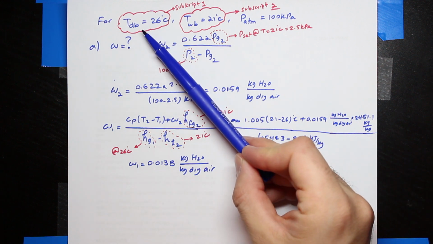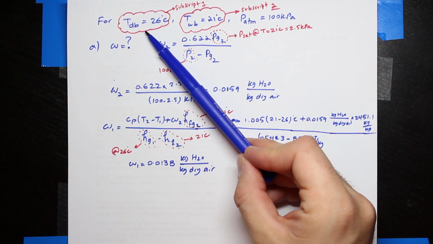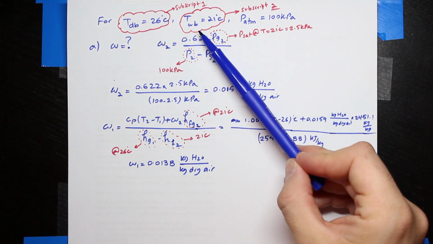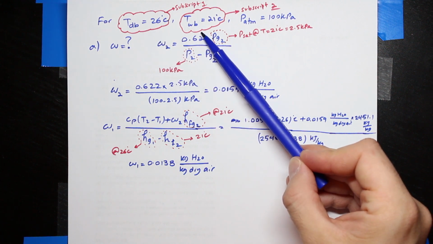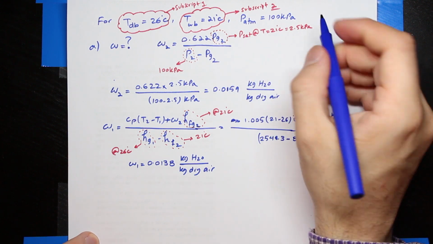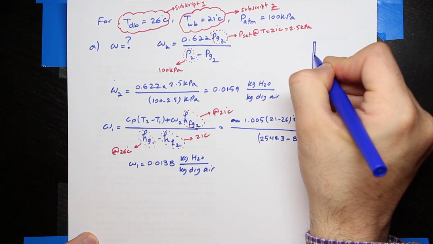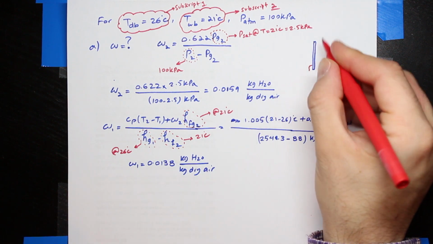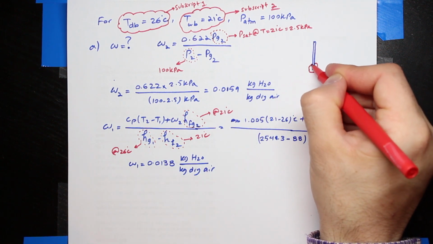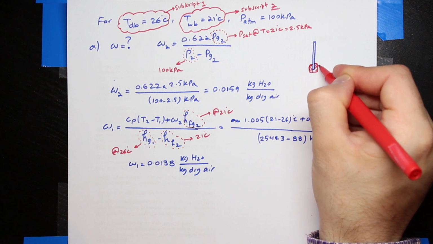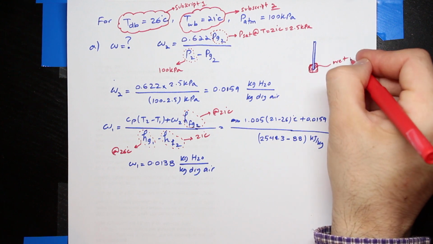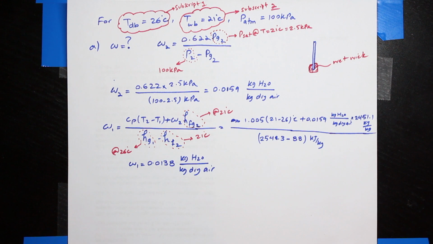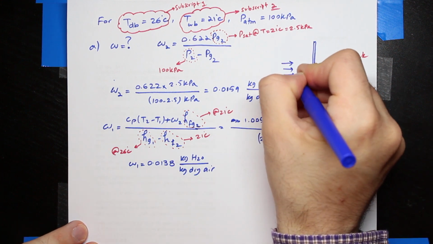So what is this dry bulb temperature? The dry bulb temperature is the temperature that you measure with a regular thermometer. The wet bulb temperature is a temperature that you measure with a thermometer, but in that thermometer there is a wet wick around the bulb, as I said before. So let's say this is a thermometer, the blue thing is a thermometer, and around the bulb we have a wet wick, okay, and there is air blowing into this thermometer.